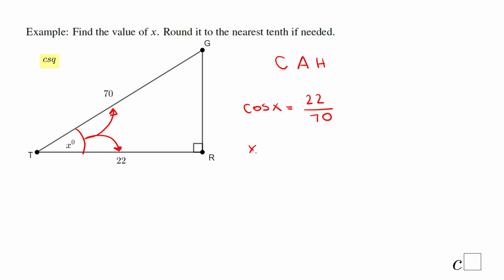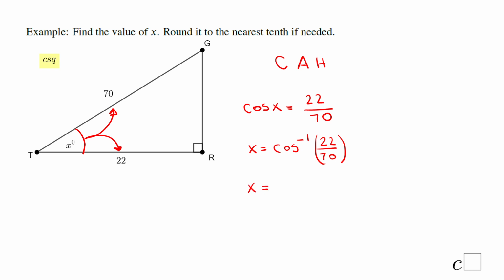So now how do I find x? I'm going to use the inverse trigonometric ratio in the calculator. But this is the exact value. Just copy like this and just put that -1, which is, by the way, not a power, it is a notation. This one means the angle for which the cosine is 22 over 70. So let's see how much that is.